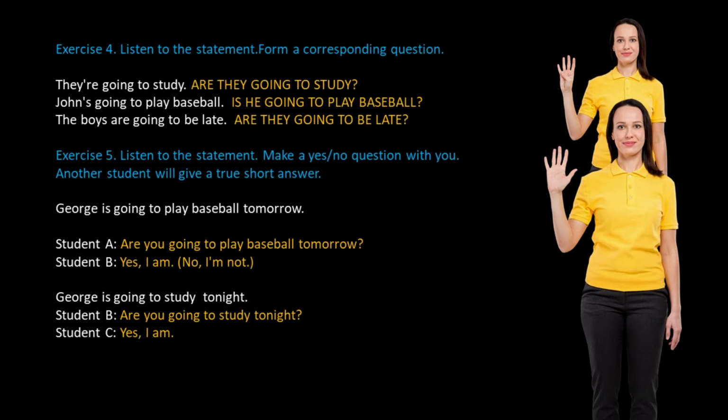Or, no, I'm not. George is going to study tonight. Student B. Are you going to study tonight? Student C. Yes, I am. Now, please do the following exercise. You can pause your video until you finish the exercise.